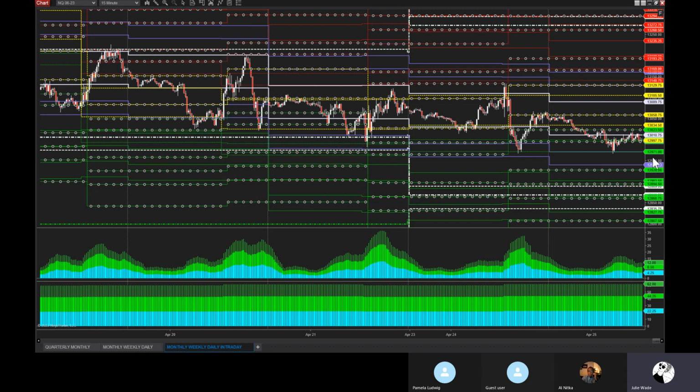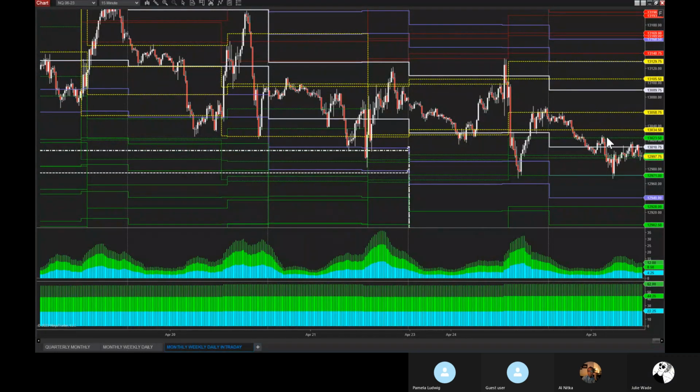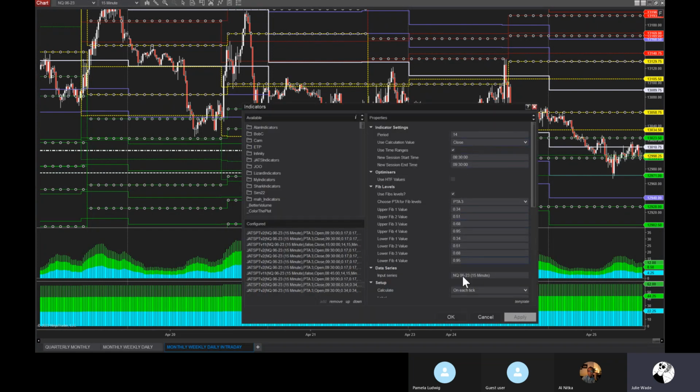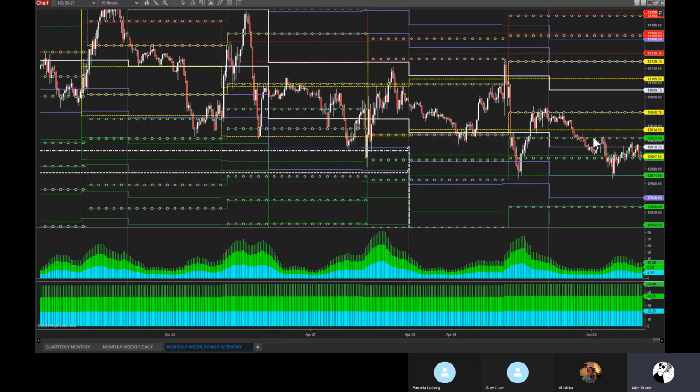There was a nice touch to support areas right here on the IB2. So that is your initial balance on the close right there.